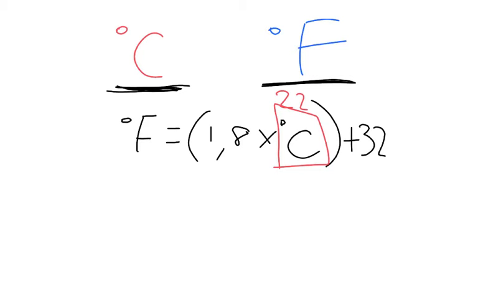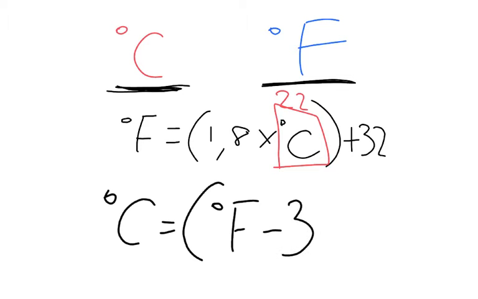If we know what degrees Fahrenheit is and want to work out degrees Celsius, we use a slightly different formula. For example, if you're reading a recipe and it says to cook the food at 360 degrees Fahrenheit and you want to know what this is on your oven in Celsius, you would say degrees Celsius equals degrees Fahrenheit minus 32 divided by 1.8.